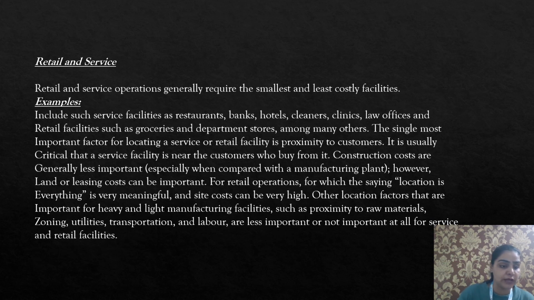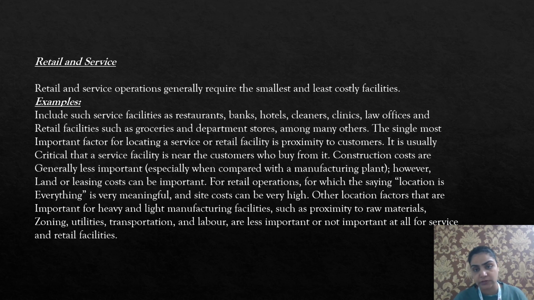Then we come to the next point, that is retail and service. Retail and service operations generally require the smallest and least costly facilities. Examples include service facilities such as restaurants, banks, hotels, cleaners, clinics, law offices, and retail facilities such as groceries and department stores.